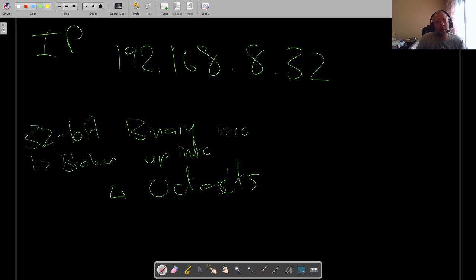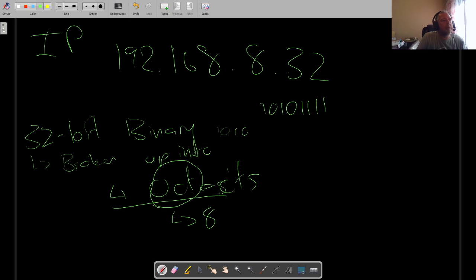Now what do we mean by 4 octets? The word oct, for those that don't know, stands for 8. So we've taken a 32-bit number and broken it down into 4 8-bit sections.